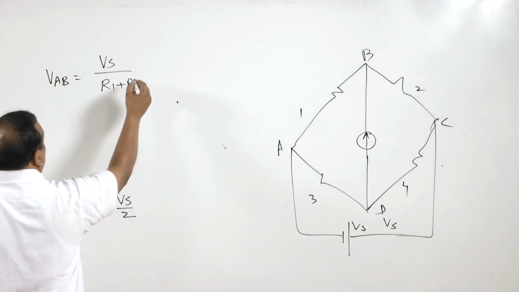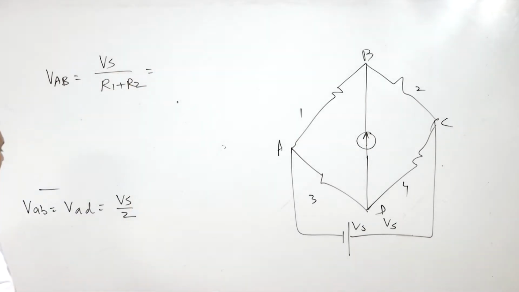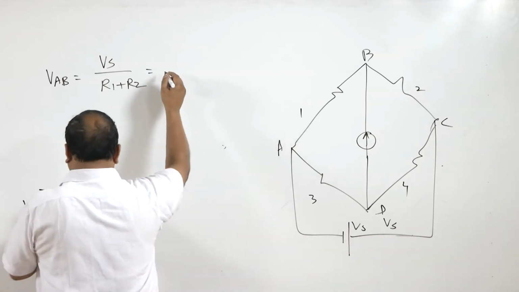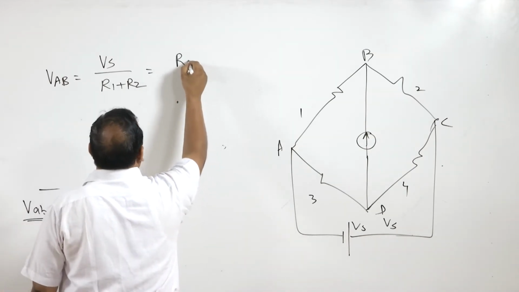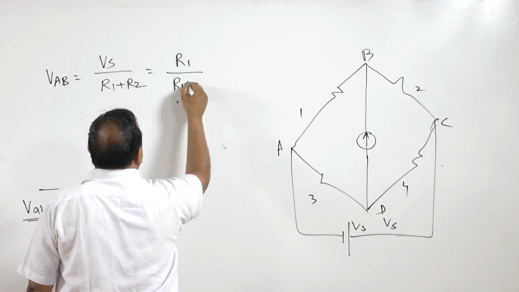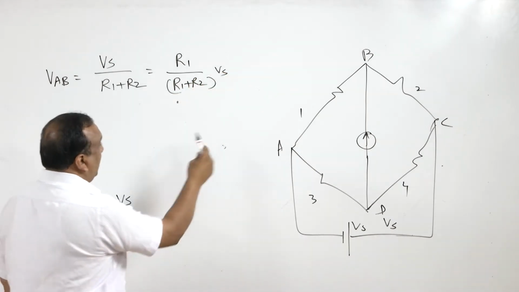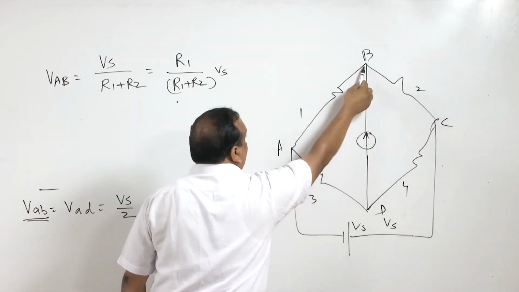And now we know the Vs by 2 is equal to VAB, right? So it is equal to R1 by R1 plus R2 Vs. Since we have the current, V is equal to IR.